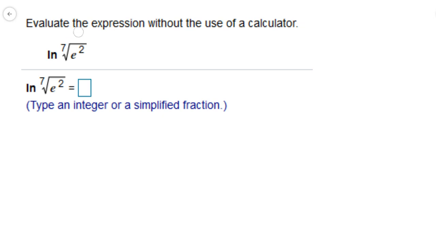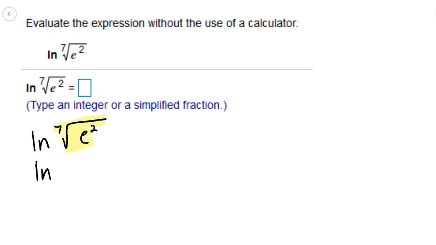This question says, evaluate the expression without the use of a calculator: ln, which is natural log, of the 7th root of e squared. Let me rewrite the problem. What I want to do is simplify the portion that is inside the log. I want to write the radical in exponential notation.